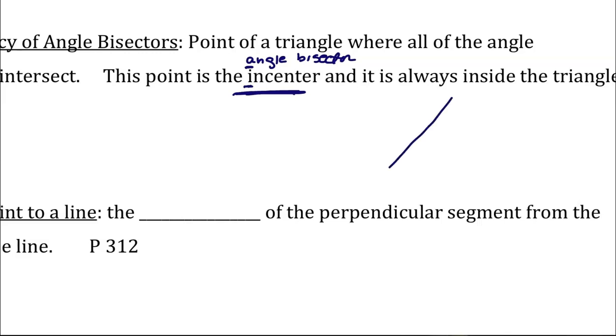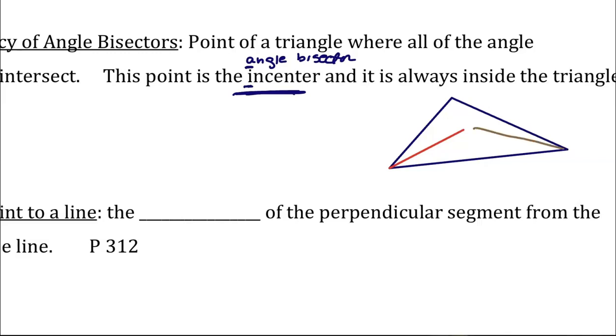Okay, so let's see what this looks like. If I draw a triangle, so here's your triangle. And if I bisect each angle, I'm going to just bisect the angle, make them look like they're equal. So that's a bisector. Let's do another one in brown.